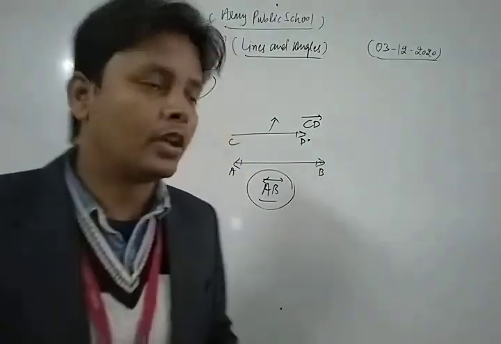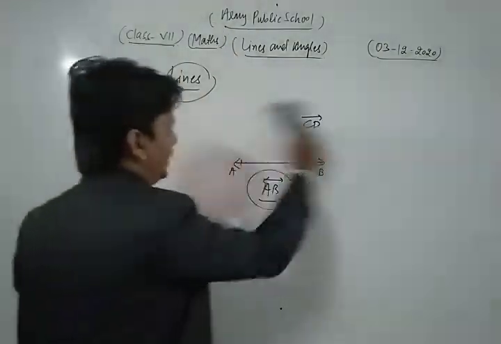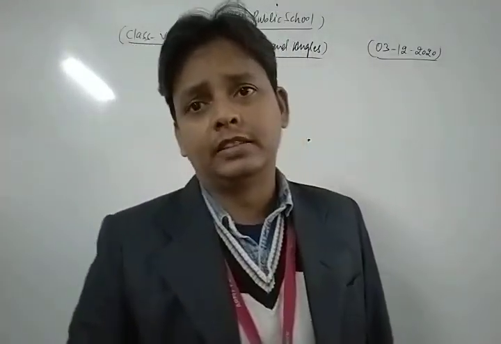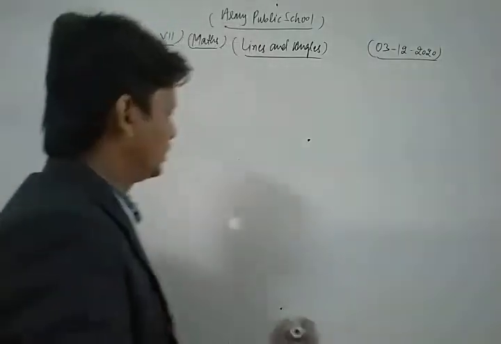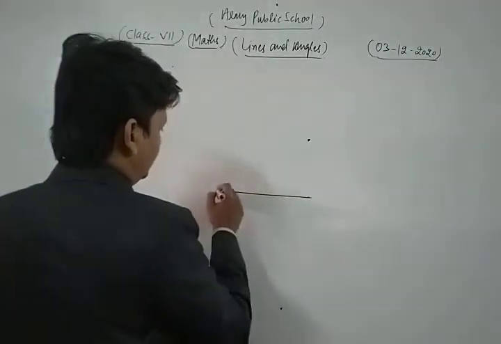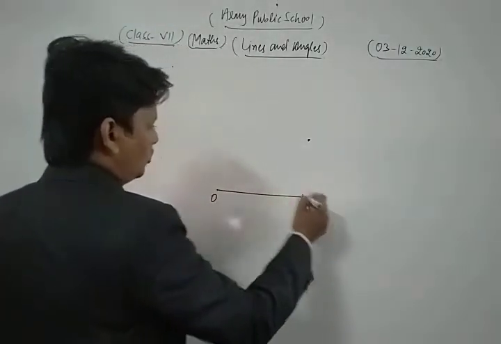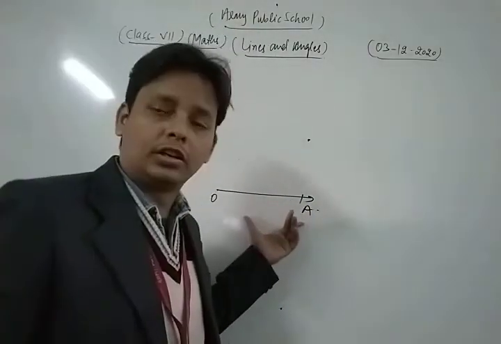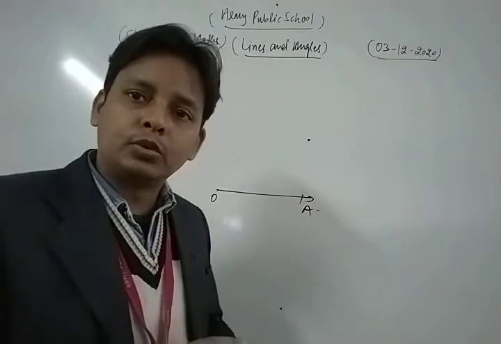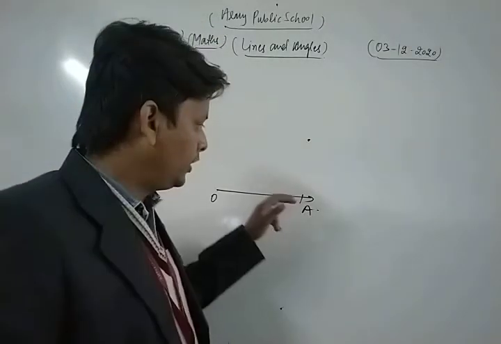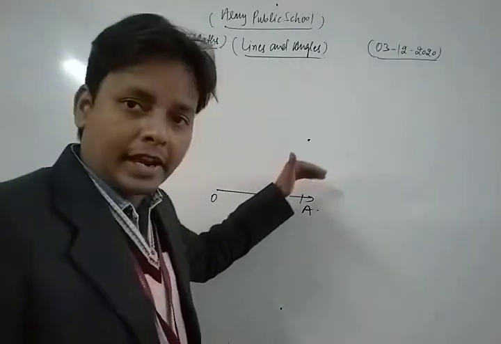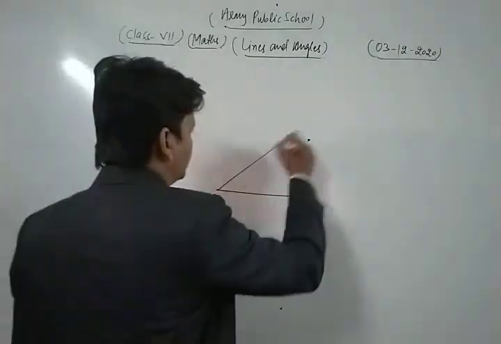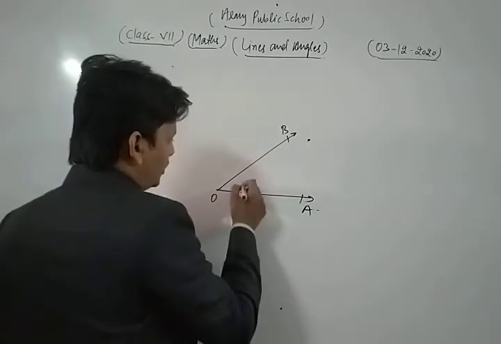Now we are going to discuss angles. What is the concept of angles, dear students? Suppose we take OA as a ray. We draw the ray OA and rotate that ray in the anti-clockwise direction, and suppose its final position becomes OB.